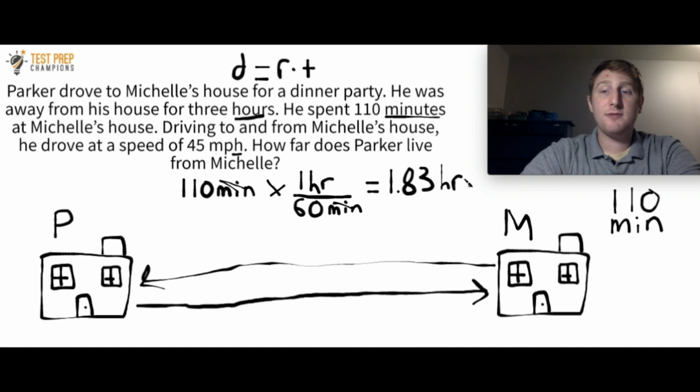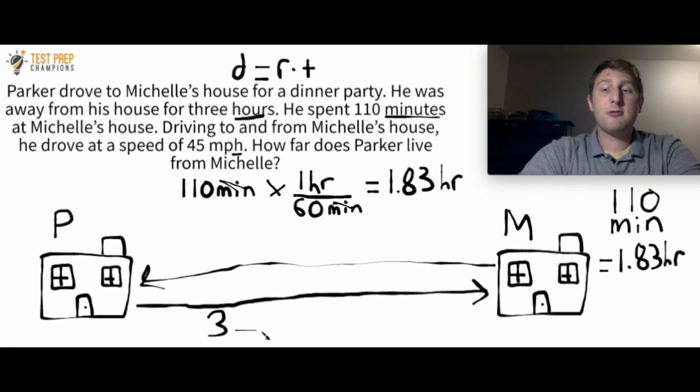So what do I know so far? I know that this 110 minutes is equal to 1.83 hours. So the total time that we had a super awesome, really fun party was 1.83 hours. And now I can go back up here and see that the total time that I was away from my house was 3 hours.